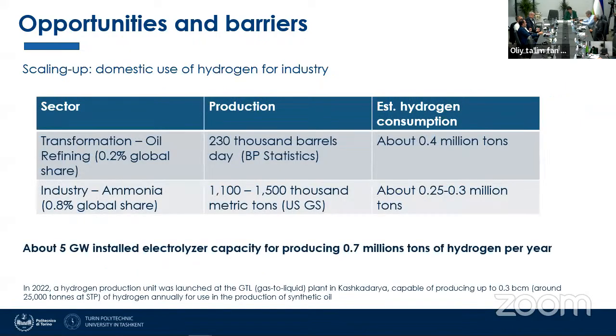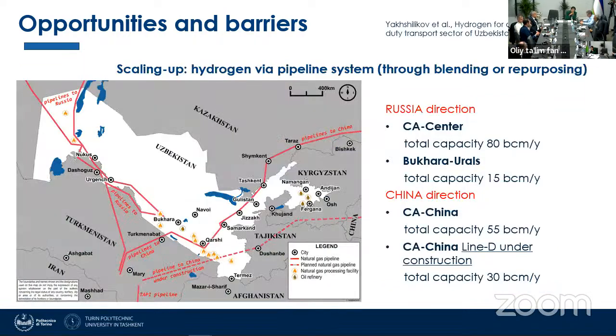Also for industry, there is an opportunity for oil refining. We were discussing before with our colleague. There is already some use of hydrogen, but produced from steam reforming. And in Uzbekistan, given the production, about 0.4 million tons of hydrogen per year could be produced. And also a good opportunity for hydrogen in the ammonia production sector.